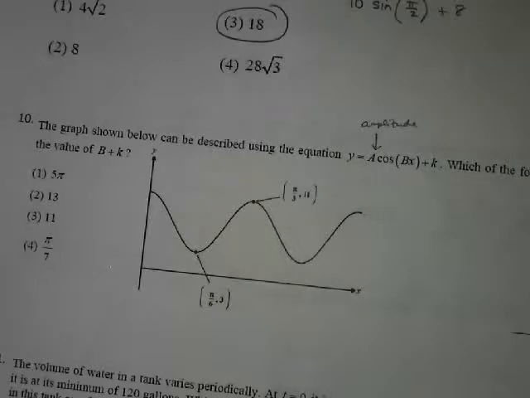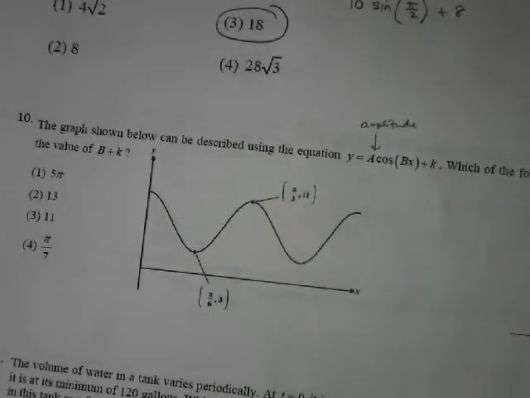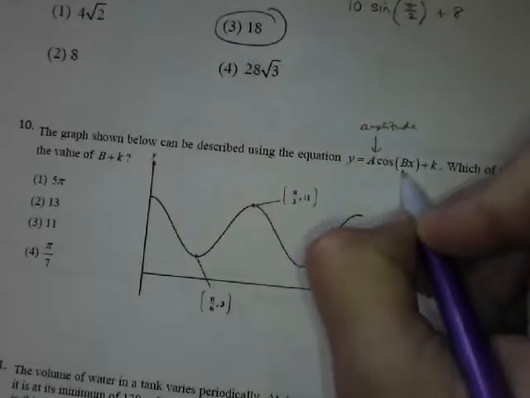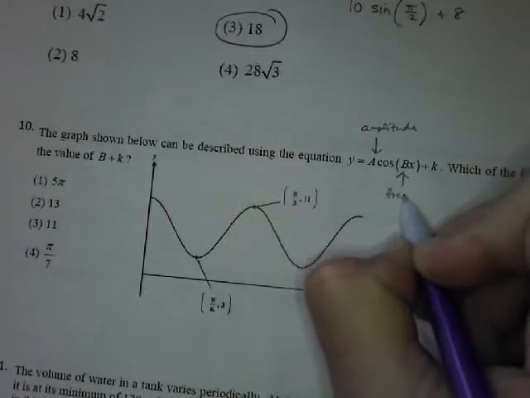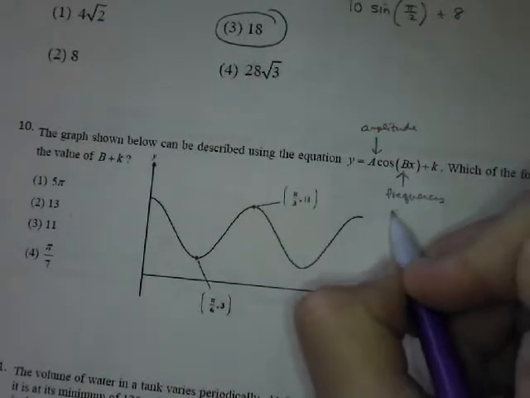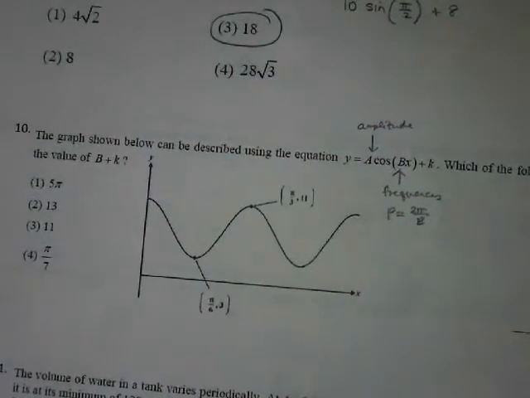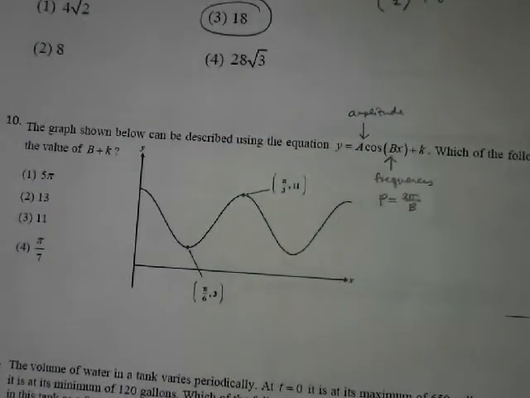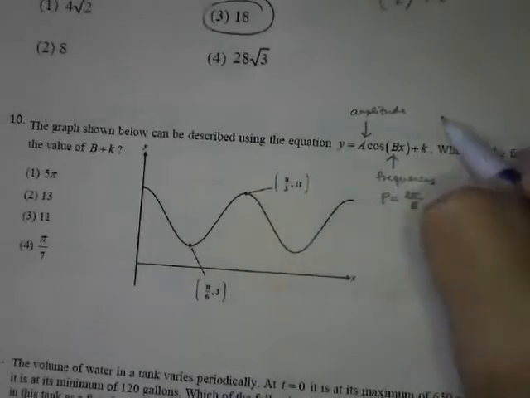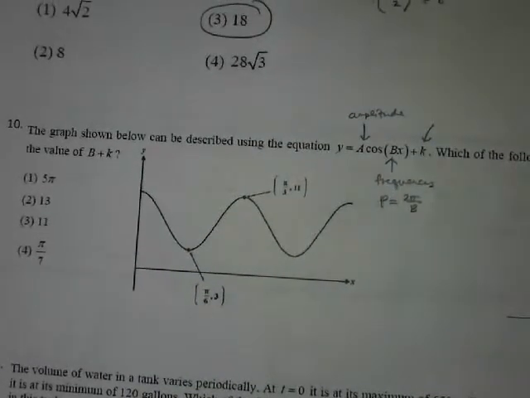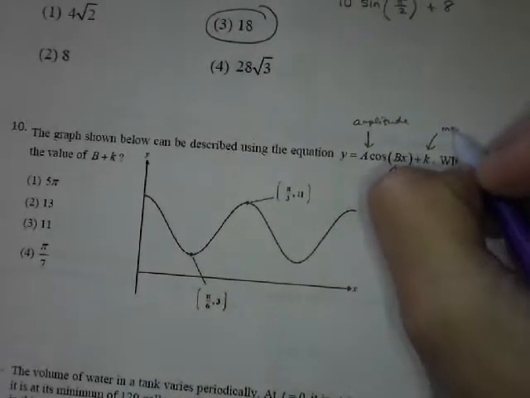Right, well, we don't say that it is the period. We say that it helps you calculate the period. Really, the whole purpose of B is to help you calculate the period. So we can say frequency, but also it's used to calculate the period because period equals 2 pi over B. I'm sure you guys do that formula, right? And then K is your midline. Is that what you guys call it?